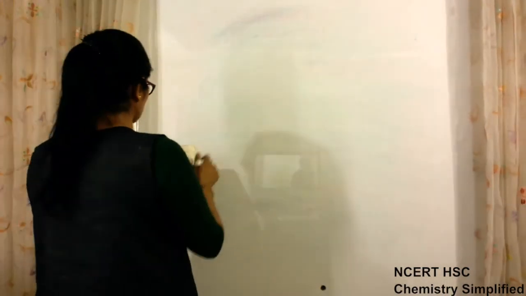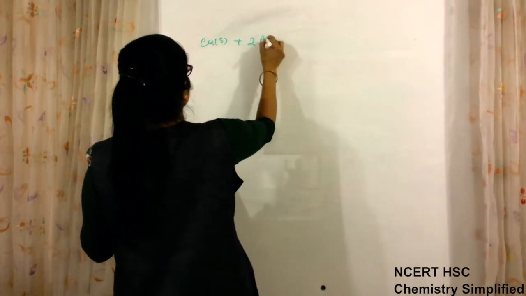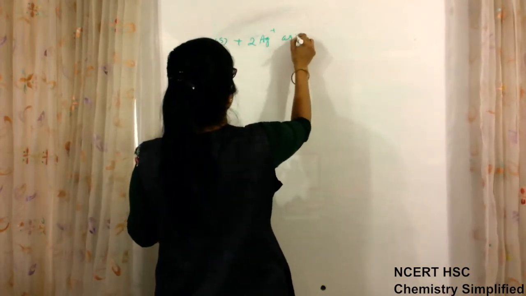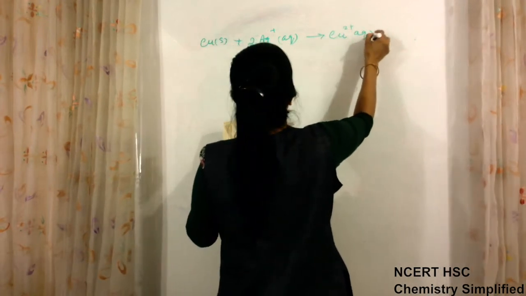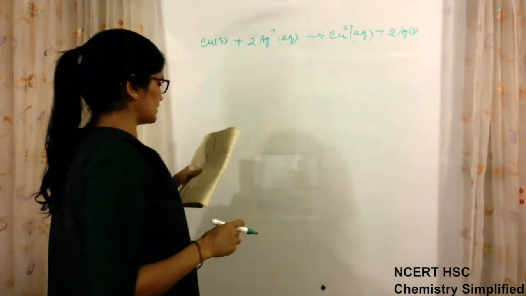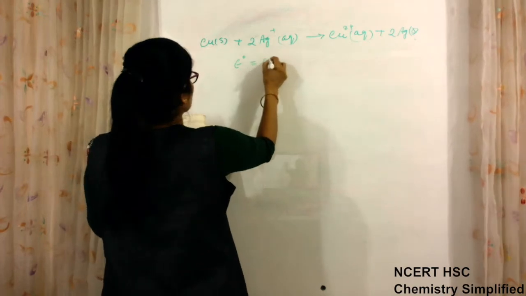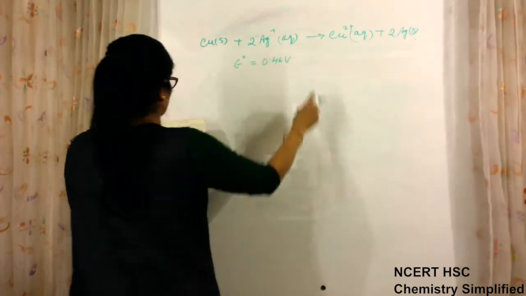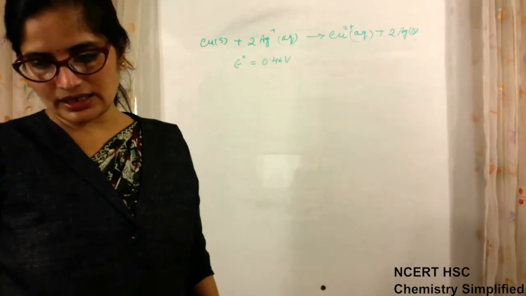The reaction is Cu solid plus 2 Ag positive aqueous gives Cu2 positive aqueous plus 2 Ag solid. Copper is oxidized, silver is reduced. Also given E standard of the cell is 0.46 volt. Kc is needed.